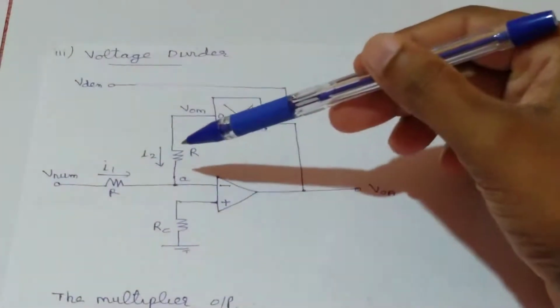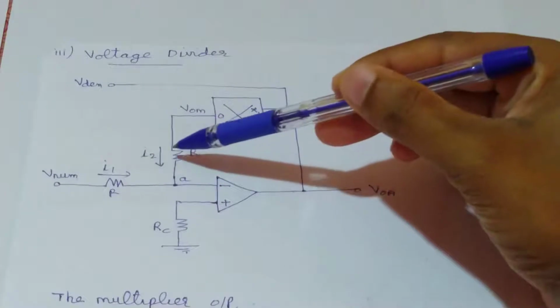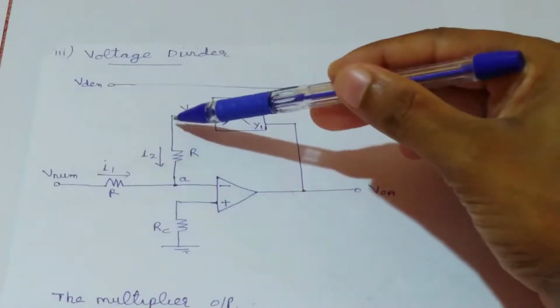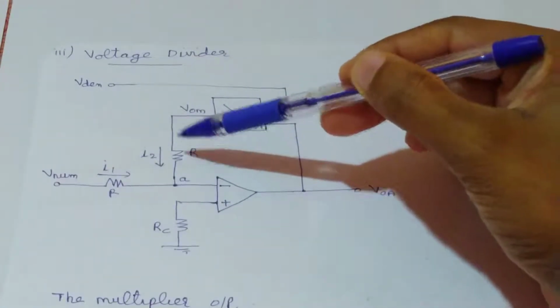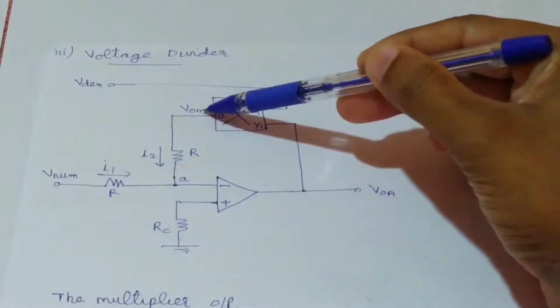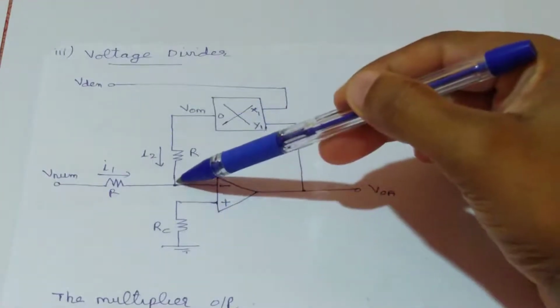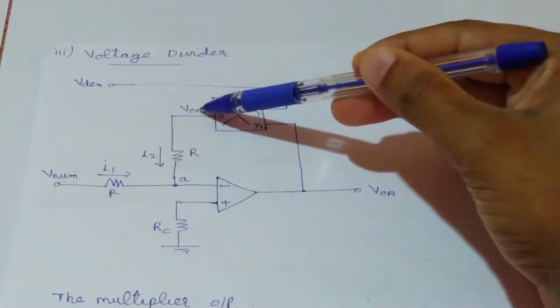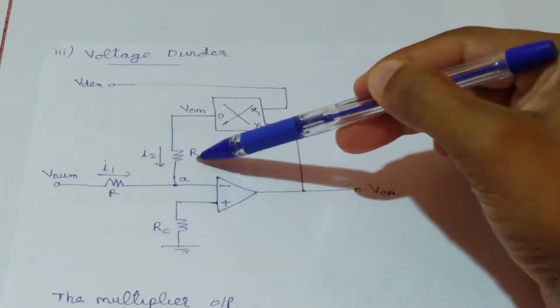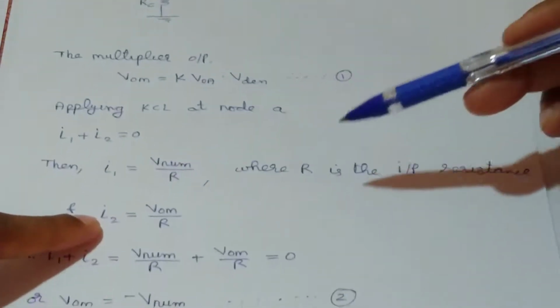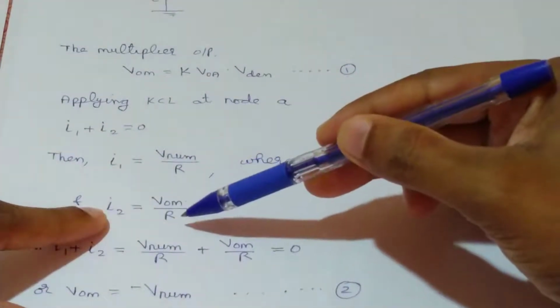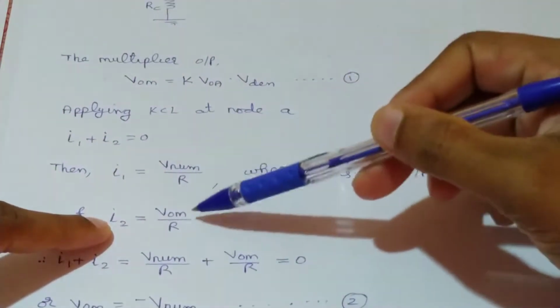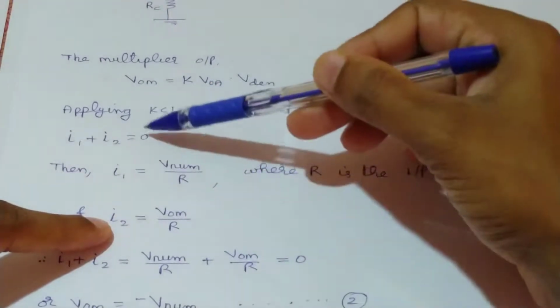Then what is the equation for I2? I2 is the current flowing through this resistance R, and here we have VOM voltage and here we have 0 voltage. So I2 is equal to VOM minus 0 divided by R, or I2 is equal to VOM divided by R. Then substitute these values in this equation.